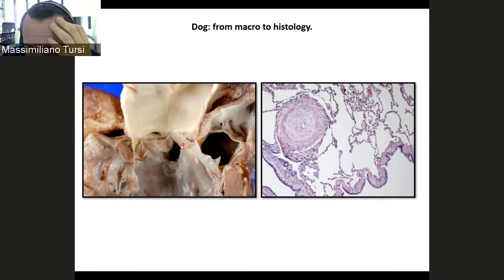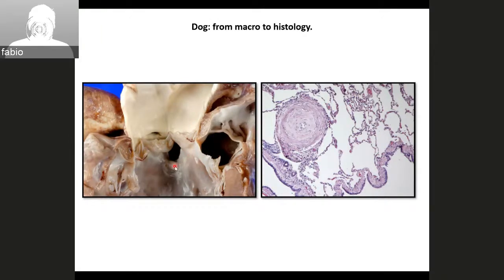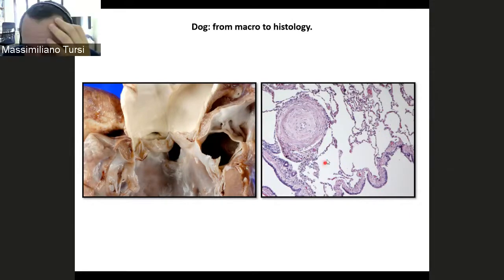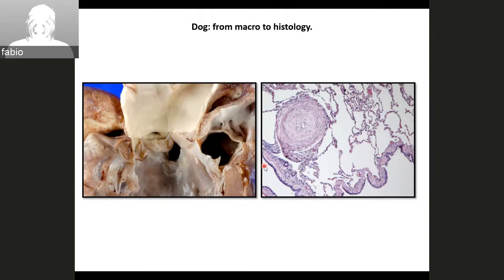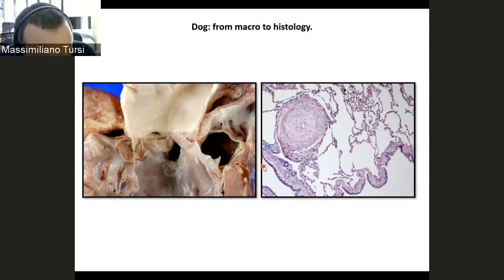And if there is a malformation, you know the pathogenesis, so it's the shunt from the left to the right. There is an over circulation of the pulmonary circulation, and which type of pulmonary hypertension could this case be?